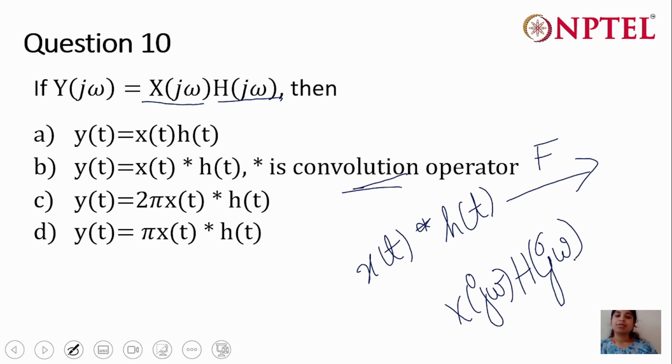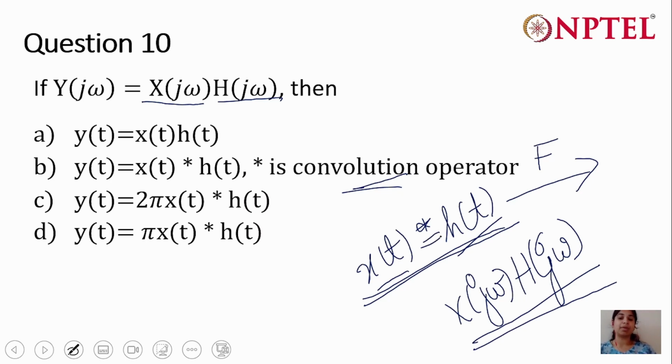So if I have to do this difficult convolution operation in the time domain, I can take the Fourier transform of x of t, the Fourier transform of h of t, and just do a product. So instead of doing convolution in the time domain, we can do a product in the frequency domain.